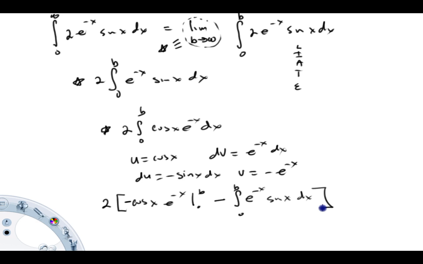Now, remember, this is the original integral, which is identical to this. So what I'm going to do is write another line. Twice the original integral equals this thing. And don't forget, we still have the star operator in front of this.